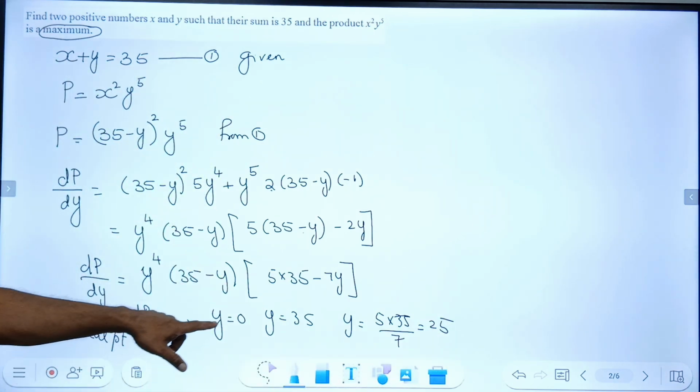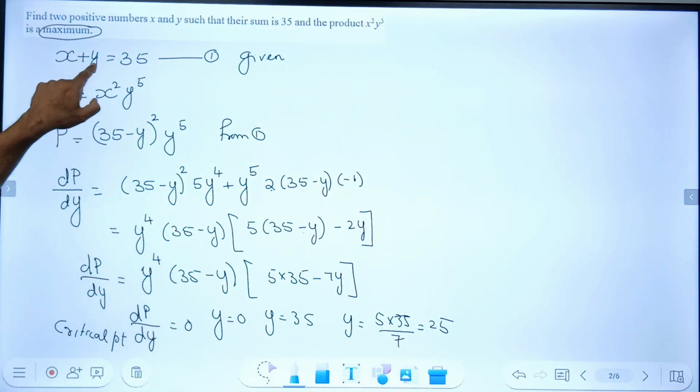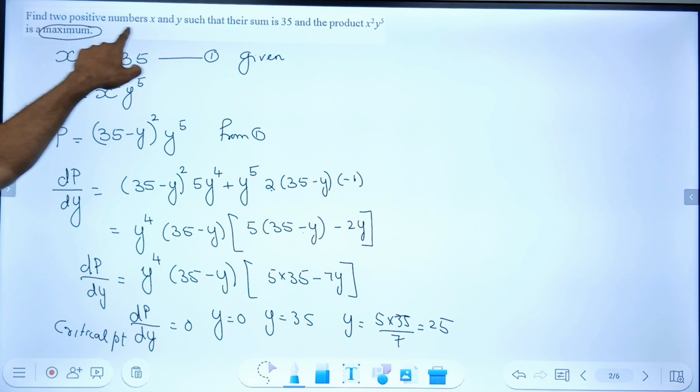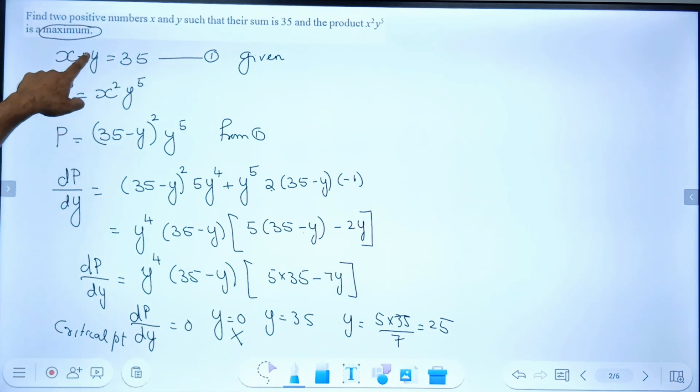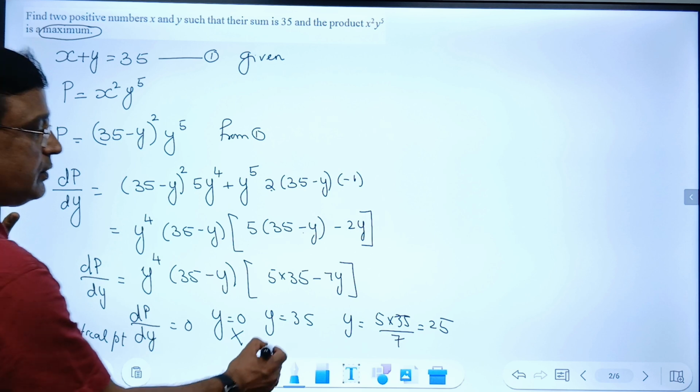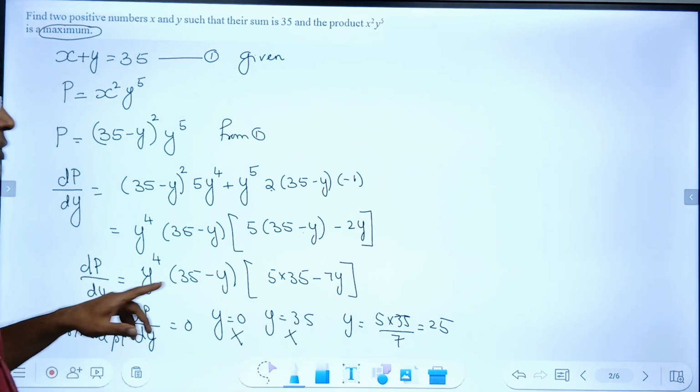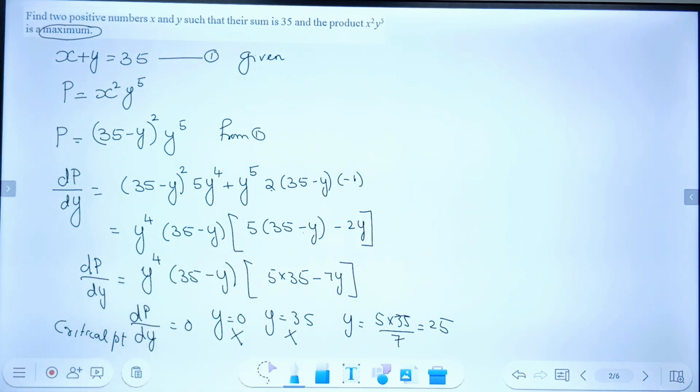Now if y is 0, my x will be 35, but it is given two positive numbers, so y equal to 0 is not possible. If y is 35, then x will become 0, so that is also not possible. So the only possibility is y equal to 25.